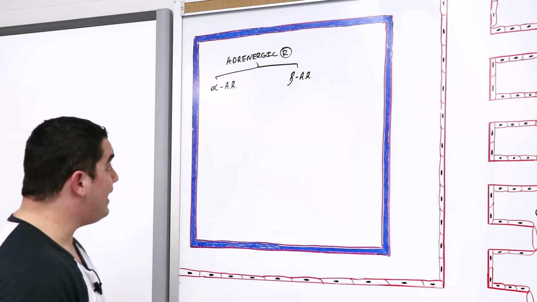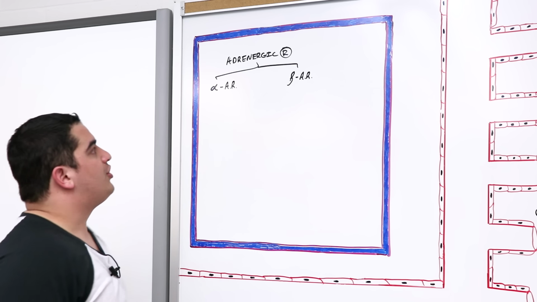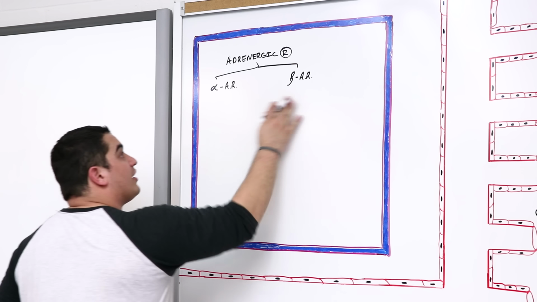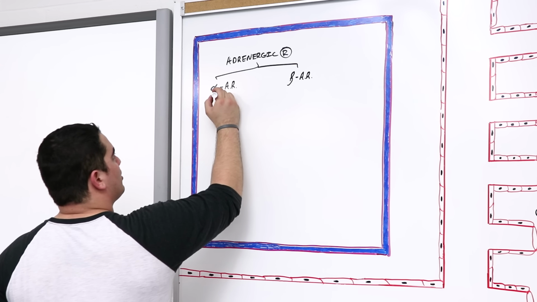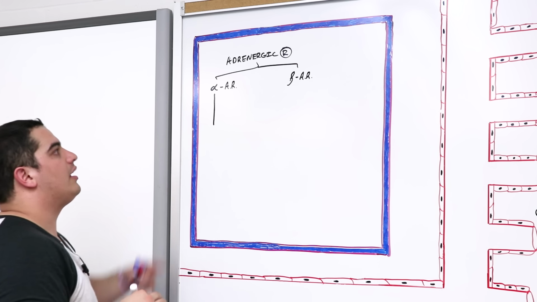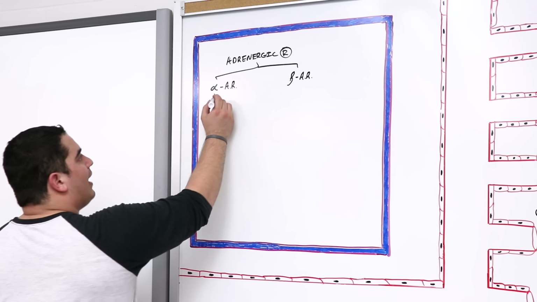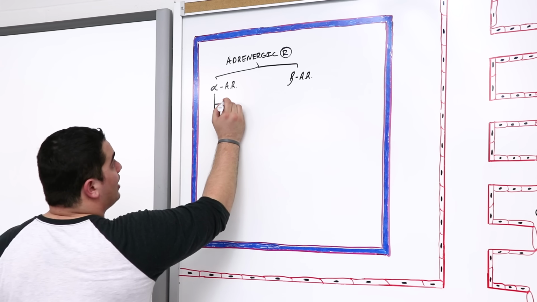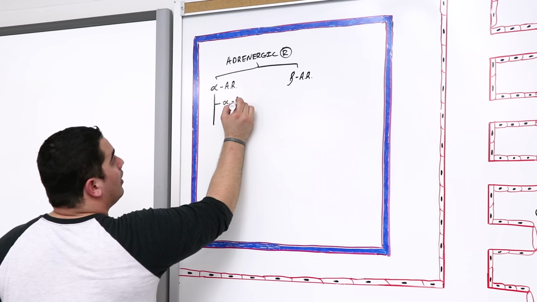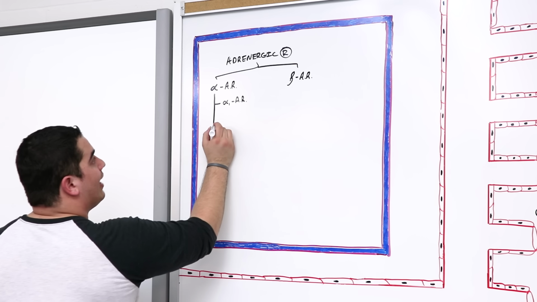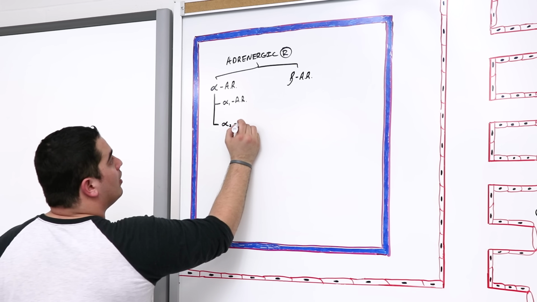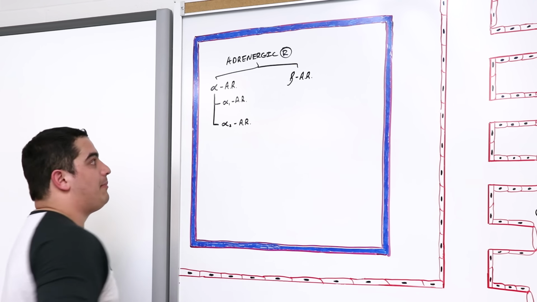Okay? Now, what is important to know about these is specifically their subtypes. If we really want to dig into this and really understand it, we have to understand their subtypes. So alpha adrenergic receptors, there's actually two types: alpha 1 adrenergic receptors and alpha 2 adrenergic receptors.